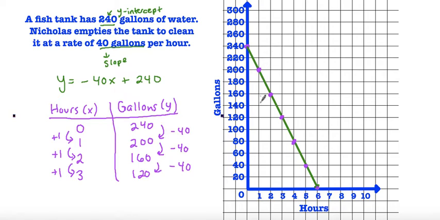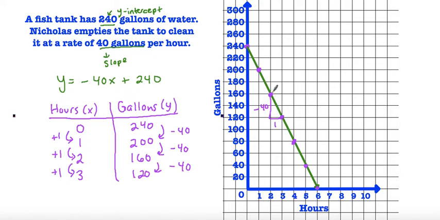And so here, if we want to find our slope at any two given points, we'll see that here from 160 to 120, our tank decreased 40 gallons in an hour, okay?